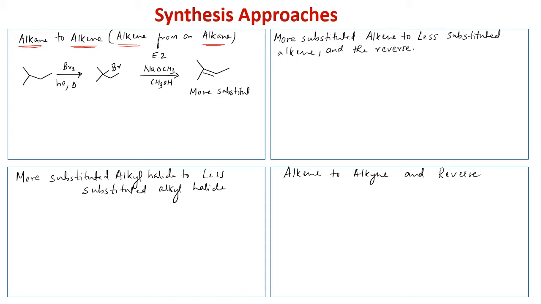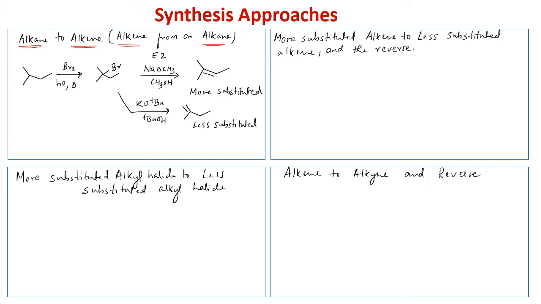That's the more substituted alkene that is possible here. We could instead react the alkyl halide with a bulky base, potassium t-butoxide, and in this case you could use t-butanol as the solvent, and then we would have made the less substituted alkene as our product.